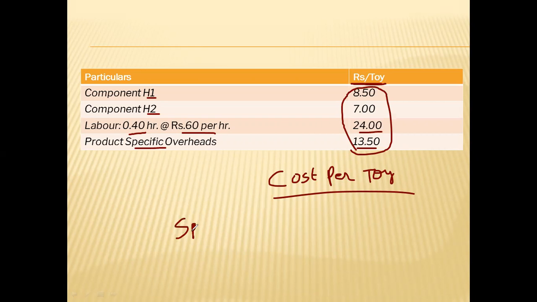And other details are given. Selling price per toy is given. What is the selling price per toy? 100 rupees. Correct. And what is the expected profit percentage? 25%. So we can get the target cost per toy.